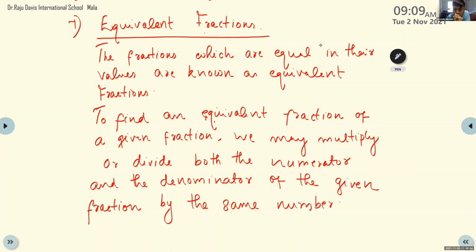Blesswin, absent, ma'am. Brightlin, absent, ma'am. Praveen, absent, ma'am. Catherine also absent. Razil also absent, ma'am. Shiv Gayatri, present, ma'am. Vinayak is absent, ma'am.